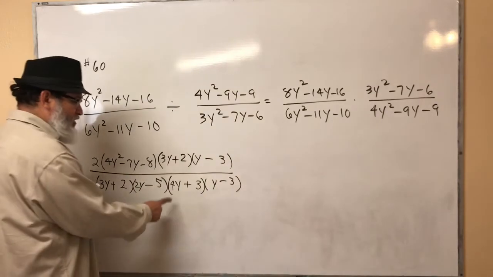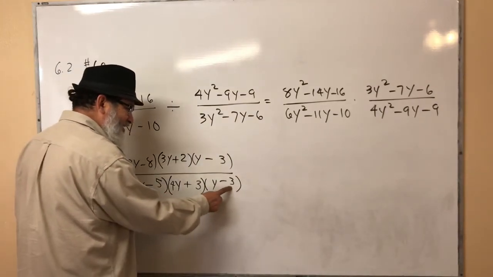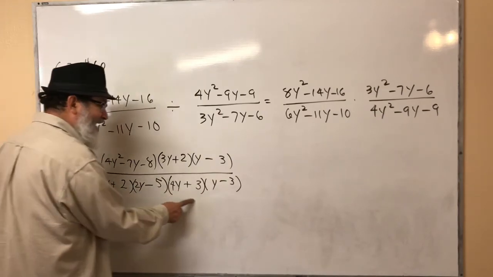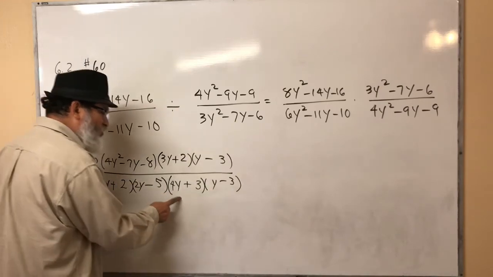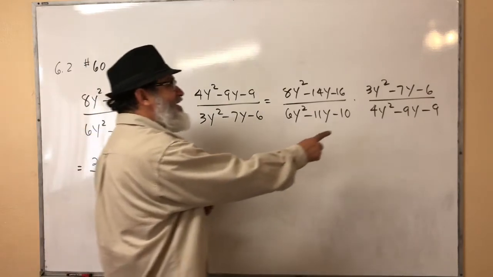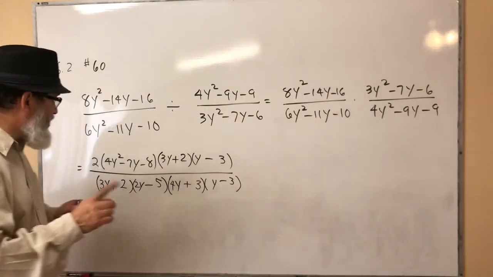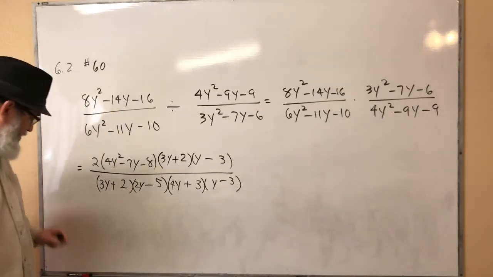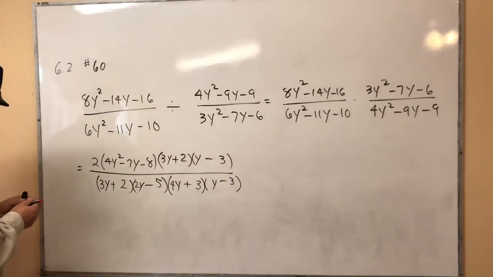What's outer? Outer is what? Negative 12y. Negative 12y plus 3y. What's negative 12y plus 3y? Negative 9y. That works. Okay, don't forget, we're not done with this one. But can we cancel anything right now?